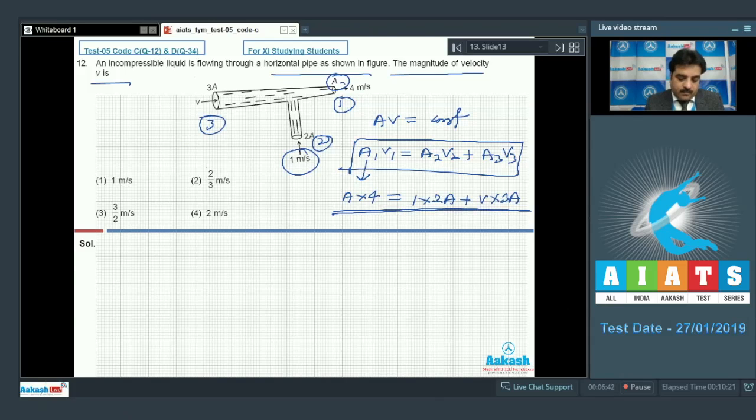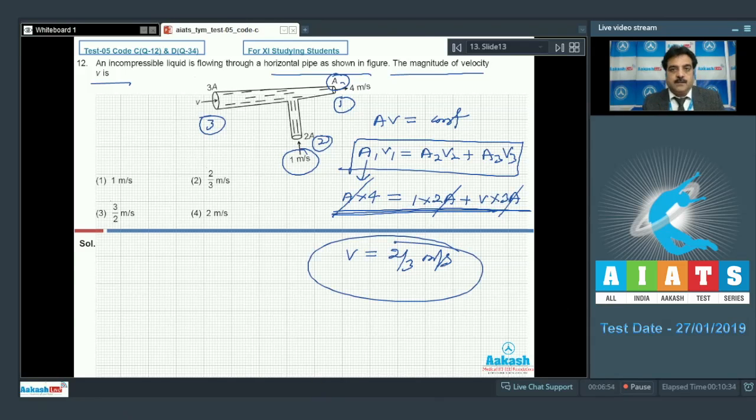When you place all the values, the area will cancel out. On solving you will get V as 2 by 3 meter per second, and this is a good question, so you can solve it easily by taking this equation. So my option number 2 will be the right choice.